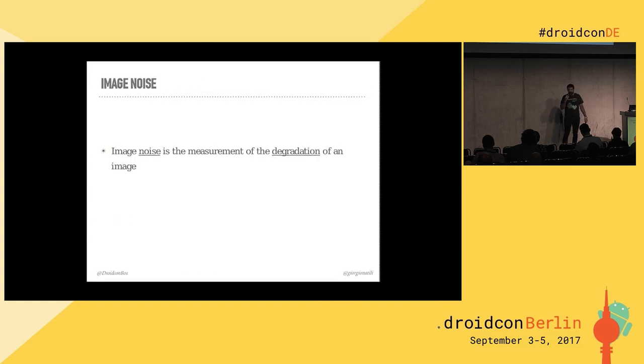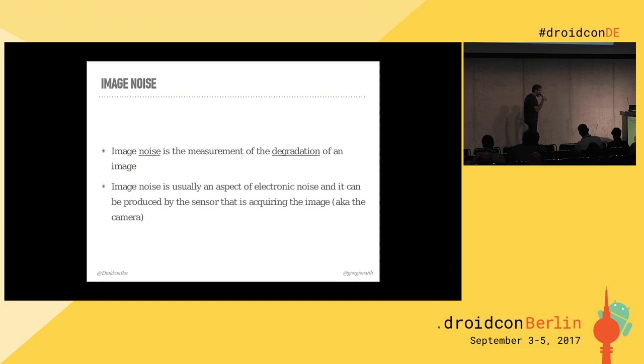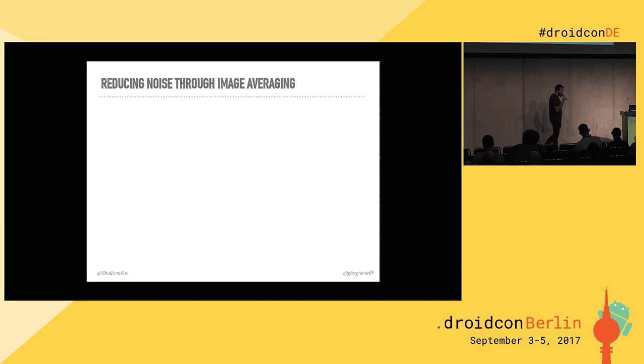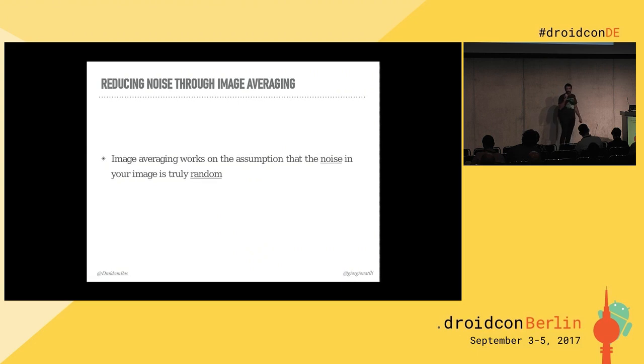Every image contains noise. Noise is nothing more than a way to measure the degradation of an image. What does it mean? It means that the digital noise that is in every single image can be mitigated through different techniques.